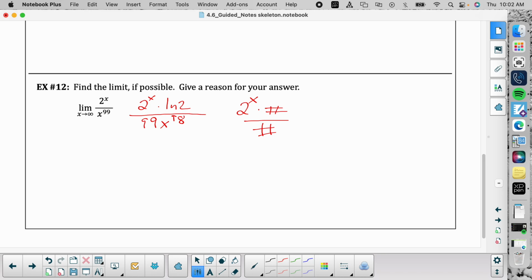But you have a number over a number, and the infinity would be on the numerator. Your answer would be infinity, which is also code for the limit does not exist, whatever you want to phrase this as. Because whenever we're doing the limit at infinity, we're trying to find end behavior.